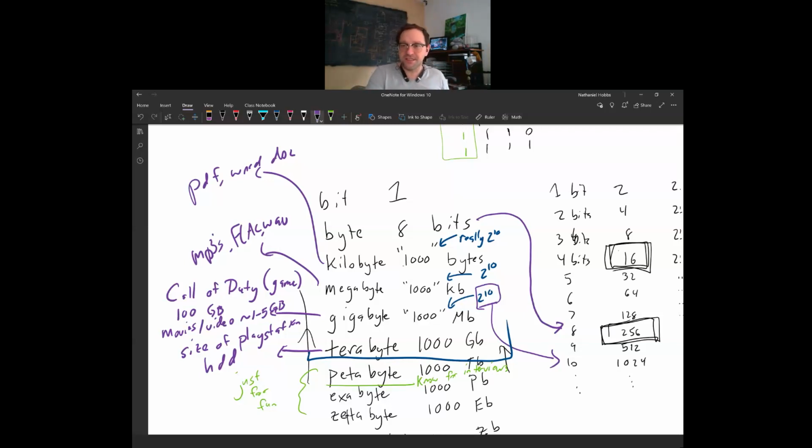Hopefully this is enough to give you either a feeling already, or at least give you a path to start having a feeling for these kinds of things. One really easy thing to do is to just look around your own computer, or look on your phone. Look at what are the biggest files on your phone or on your computer, and what kinds of files are they, and how big is your computer? If you're using a laptop, how big is your hard drive? How much memory, how much RAM do you have?